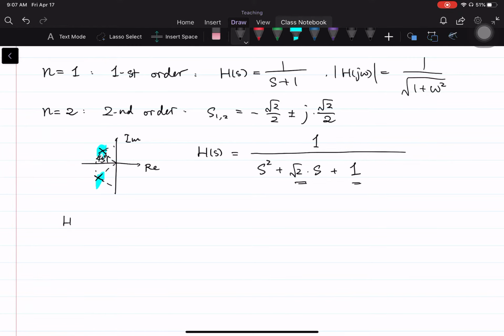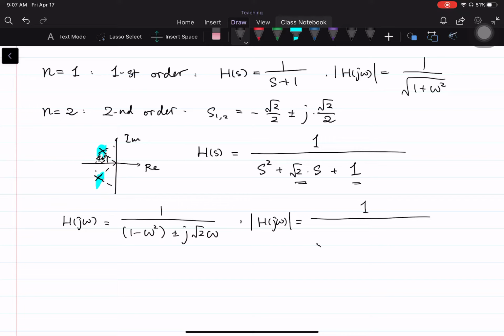Now H of j omega, we can plug in the numbers. So 1 minus omega squared plus j square root of 2 omega. So the magnitude will be 1 divided by square root of (1 minus omega squared)^2 plus 2 omega squared.